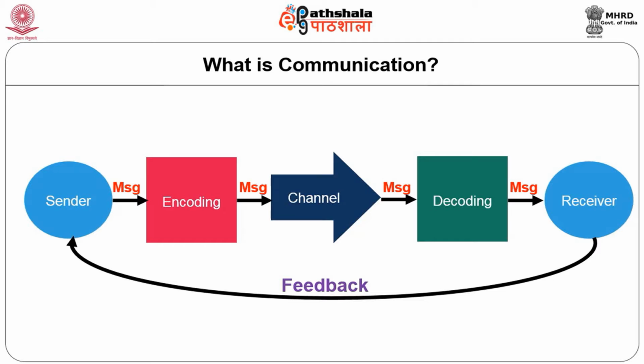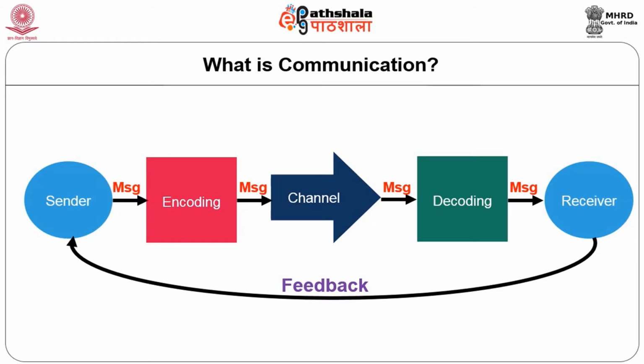This in a way takes communication in a broader sense to define that communication is a two-way process which involves a sender and a receiver. A sender actually identifies some information and makes it into a message.